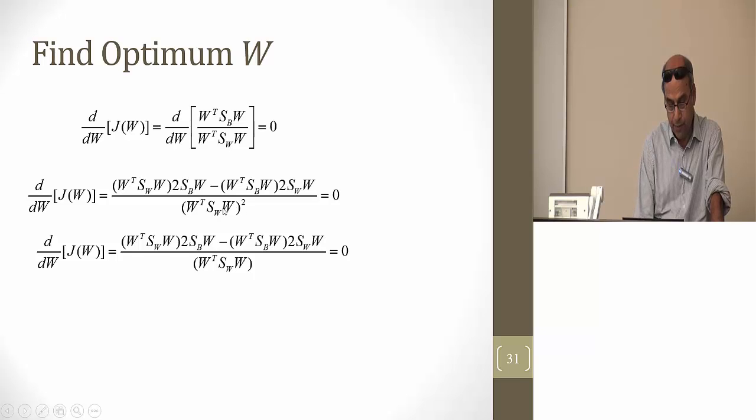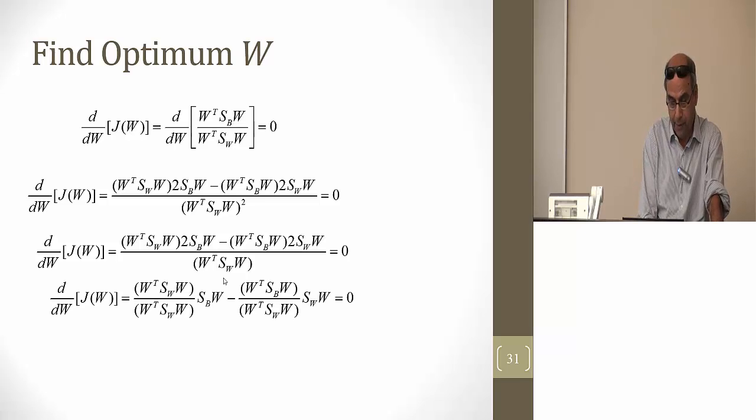What we can do is multiply the left side by W transpose SW W, and the right side also. Now the right side is 0, so it will again become 0, but when you multiply with this, the square will disappear. We'll have just this one, just to simplify. Now we have two terms, this one upon this and this one upon this. The 2 we can also get rid of, since it's common on the 0 side.